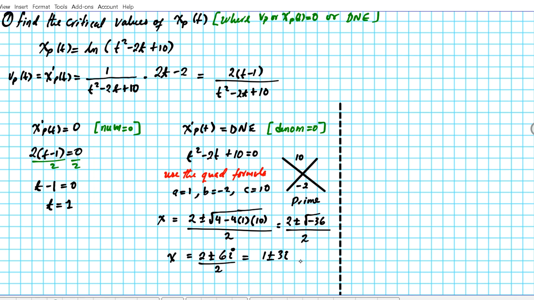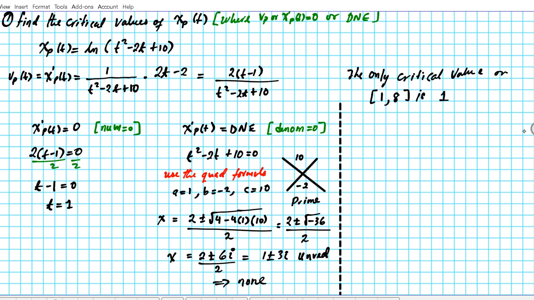Since it's imaginary, not real, that automatically tells us that there are no critical values that result in this expression being undefined in the set of real numbers. So the only critical value we have on that interval, 1 to 8, is 1.